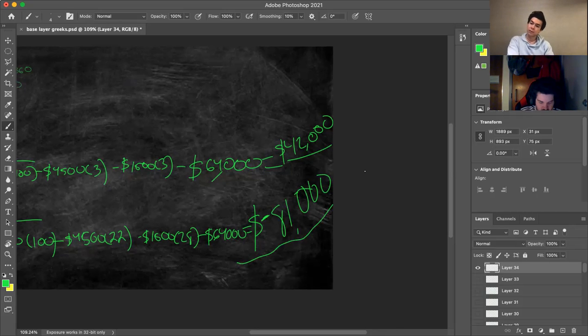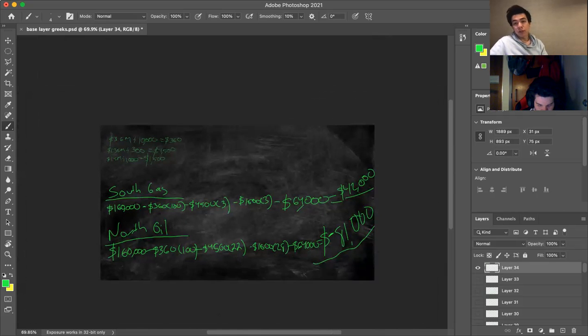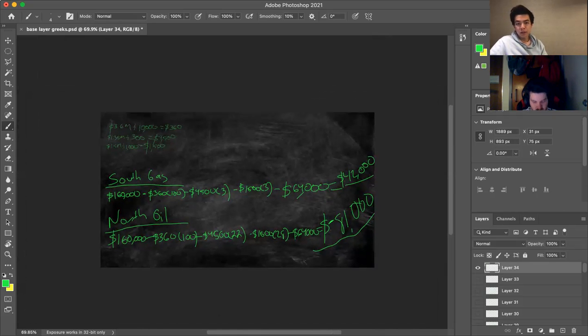Well, North Oil is losing money. Yes, and if we compare it to the old profits, what do we learn here? The old profits, I think, were 34,500 each.